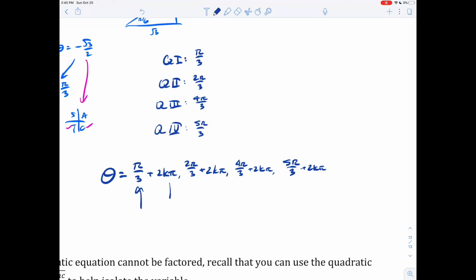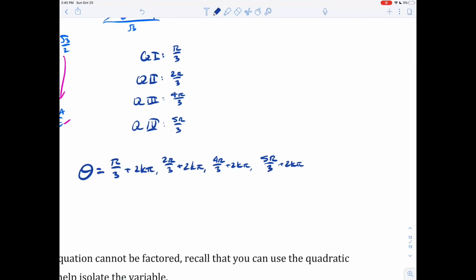So your first angle plus anything coterminal to it, your second angle plus anything coterminal to it, your third angle plus anything coterminal to it, and your fourth angle and anything coterminal to it, as long as k is an integer. Do not forget this specification. It is necessary.